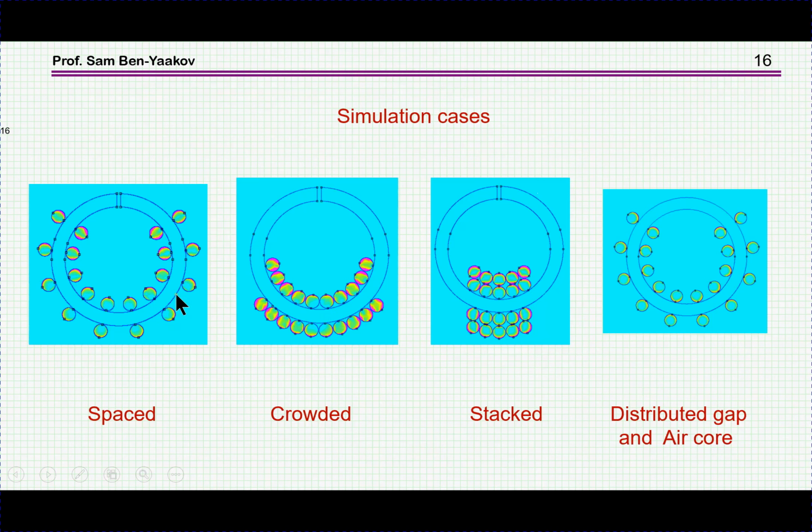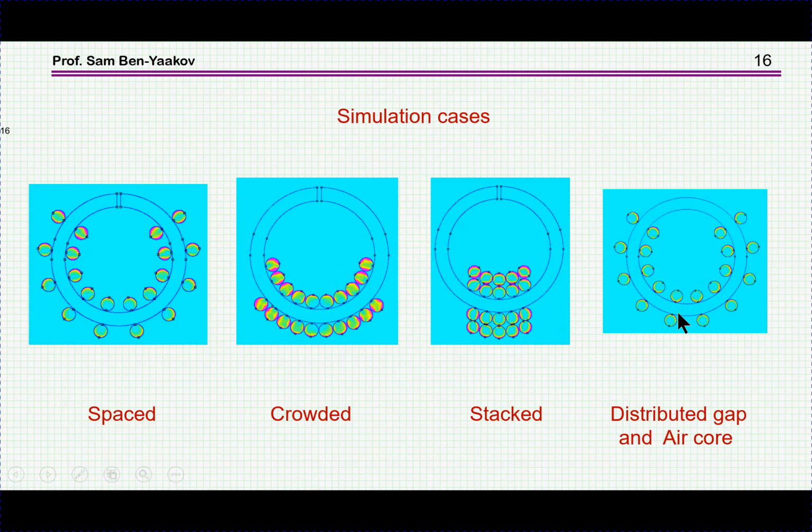So we are examining here three types of inductors. All of them are around toroids. These are ferrites, and we have a gap here. The difference between these is the distribution of the wire: here they are sort of spaced, here they are crowded, and here we have two layers. This, however, is actually two types of simulation.